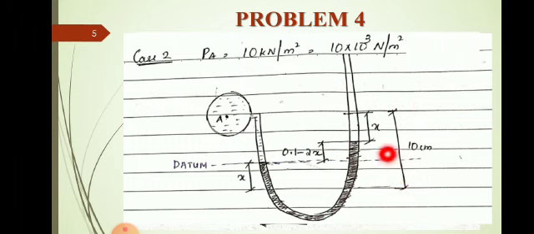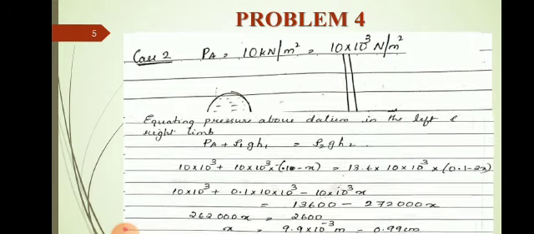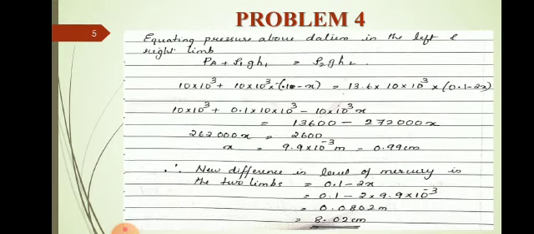From that 0.1 you have to reduce one x as well as this one more x. So 0.1 minus 2x will be the height of mercury above the datum line in the right limb. So what will be the pressure above the datum line in the right limb? Rho 2 g h2, that will be equal to 13.6 into 10 into 10 raised to 3 into 0.1 minus 2x.